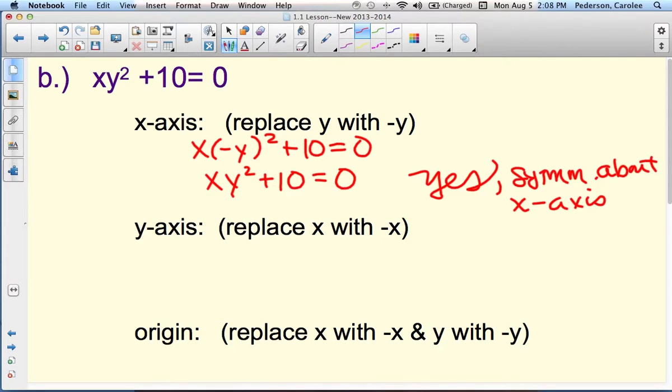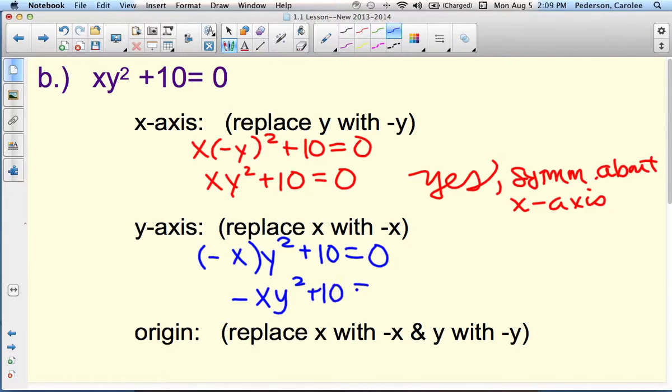Now let's check for y-axis symmetry. So replace the x with negative x. And we just get negative x y squared plus 10. We did not get the original equation back, so there's no symmetry about the y-axis.